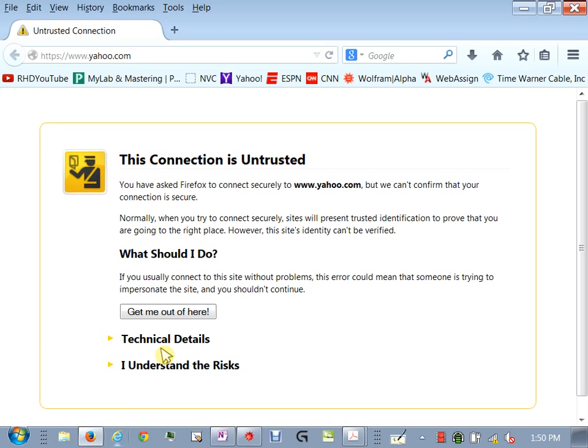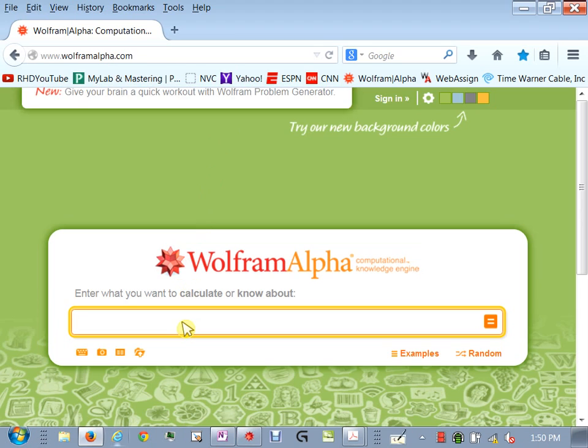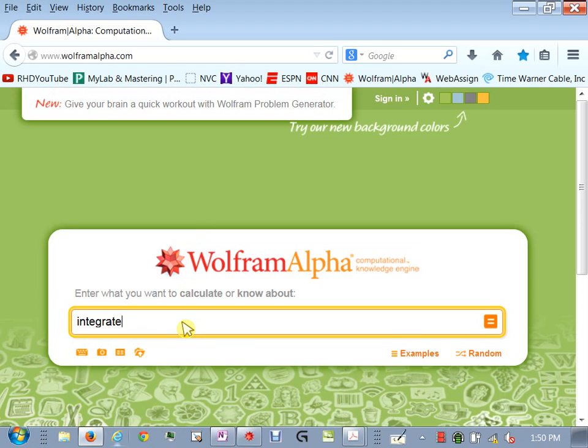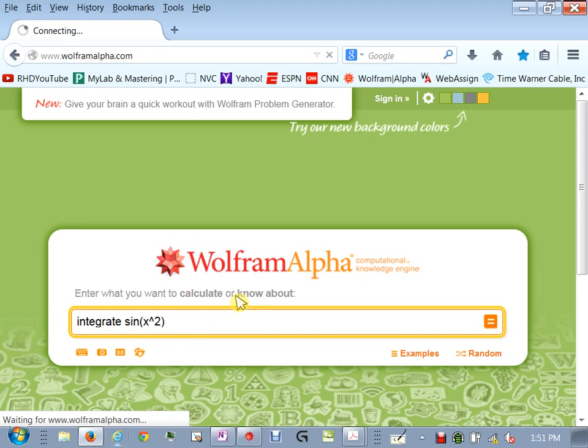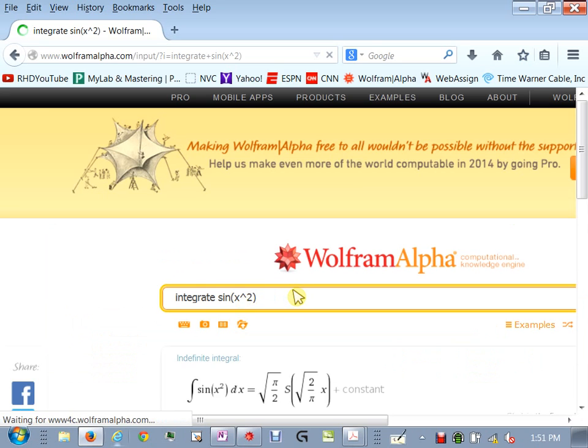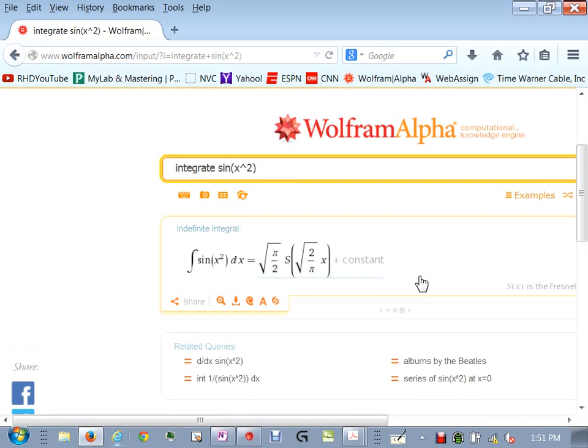When in doubt, Wolfram Alpha, right? So I'm going to ask it to integrate sine x squared. Find a general antiderivative of sine x squared.